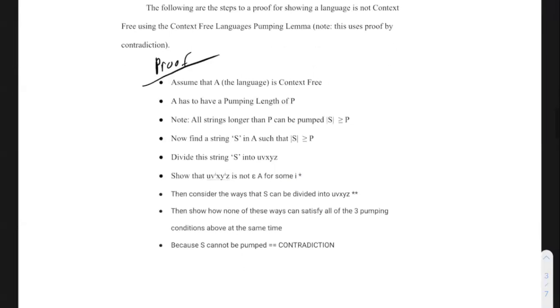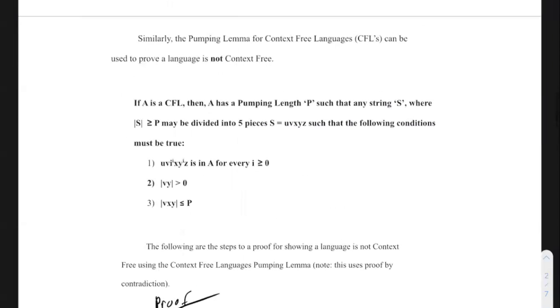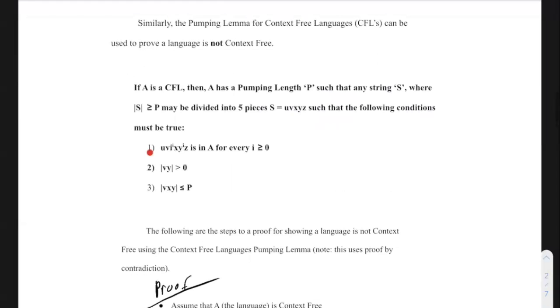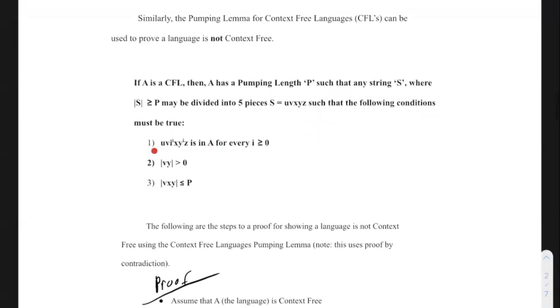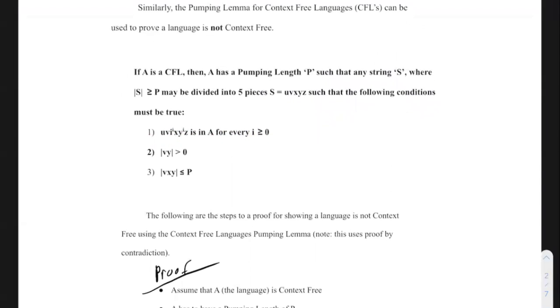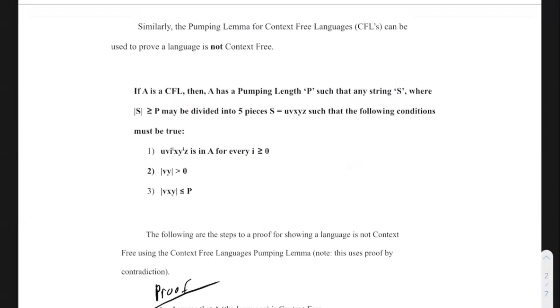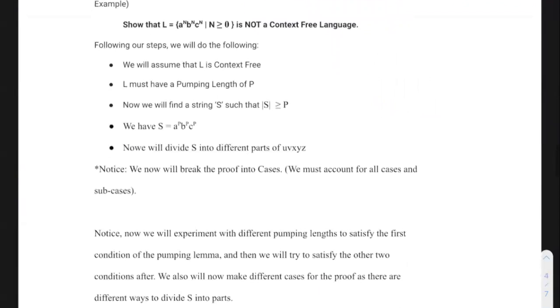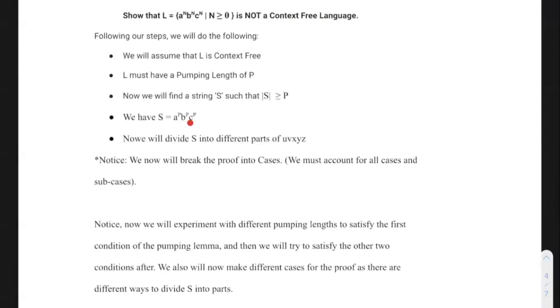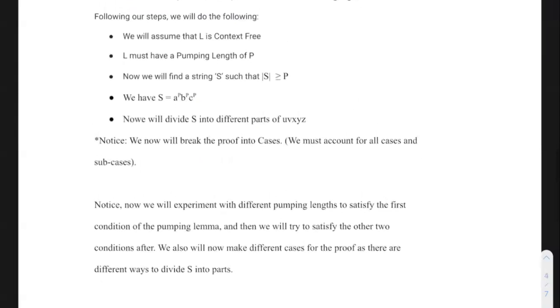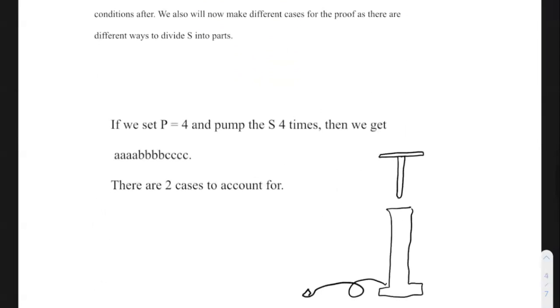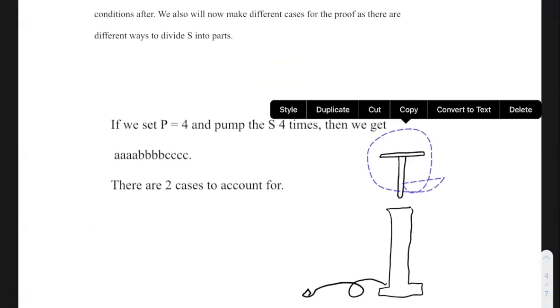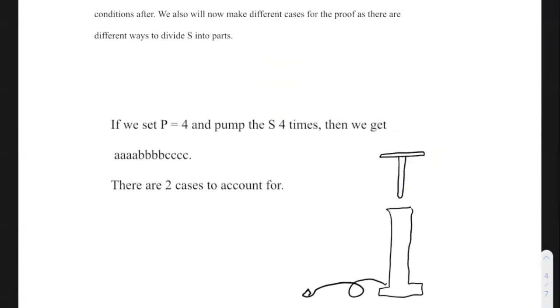And if the example we choose doesn't satisfy even just one of these, as we did right now, then the pumping lemma does not work with it. So we followed those basic steps until we get to S equals a to the p, b to the p, c to the p, and then we choose the powers for it to be represented, and we pump it. Sorry, I think it's supposed to be 4 times. It might have been more by accident.